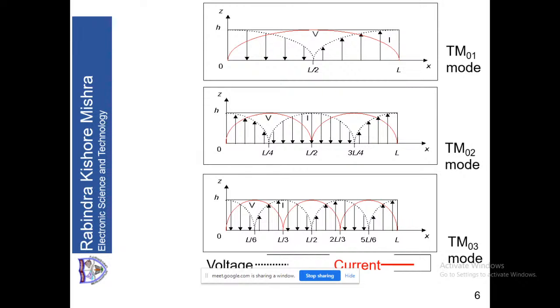At the center there will be minimum voltage and maximum current, because there is a half wavelength variation, one mode. Since at both the edges you have maximum voltage, minimum voltage will be exactly at the center. Similarly, you have minimum current at both the edges, therefore maximum current will be exactly at the center.